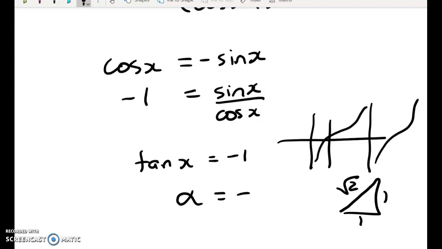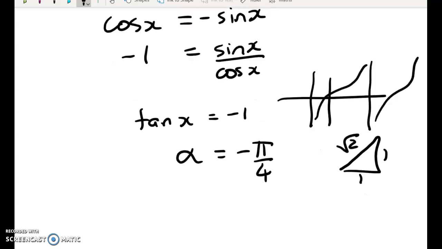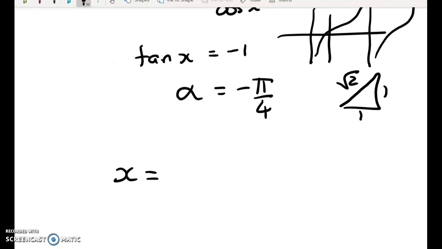Alpha is equal to negative pi on 4. And we can go straight to our general solution for tan, which is x equals n pi minus pi on 4. And you'll see very easily that if you start plugging in values for n, you're going to generate exactly the same series of numbers that I did earlier.